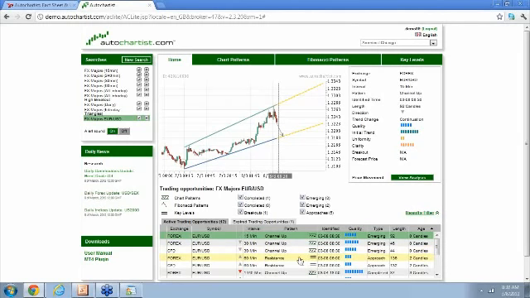So if conditions are there where you're going to have alerts go off at the same time, then AutoChartist will pick that up and put it in the box. It is possible that you can have a chart pattern such as a channel up as well as a key level resistance come in at the same time, because they're independently searched.